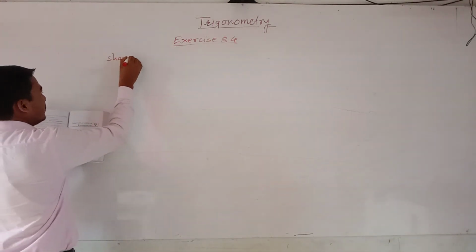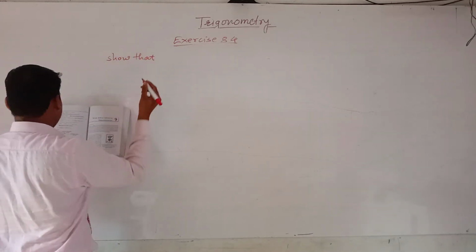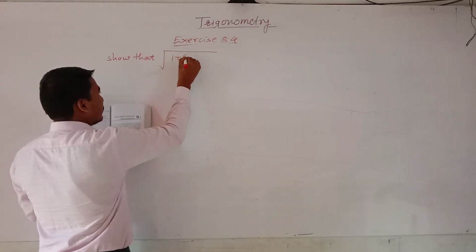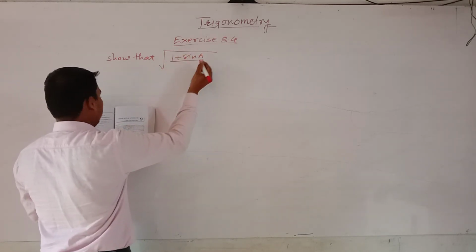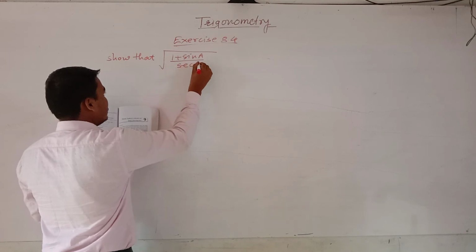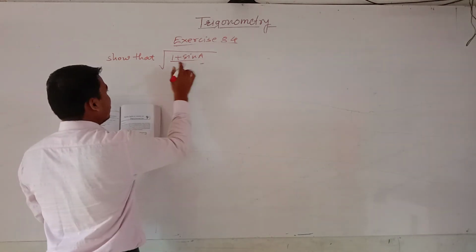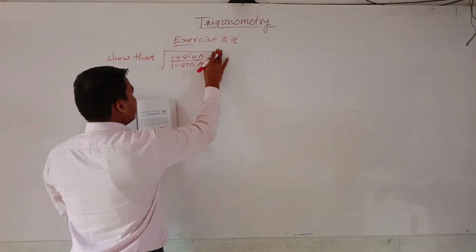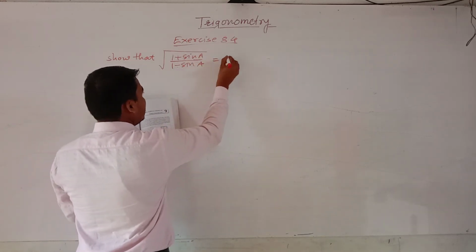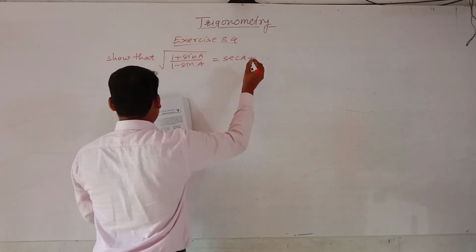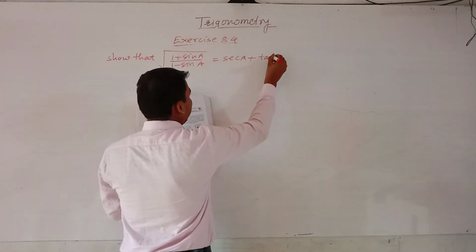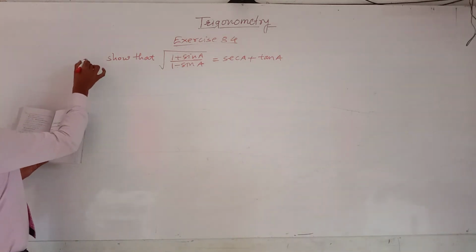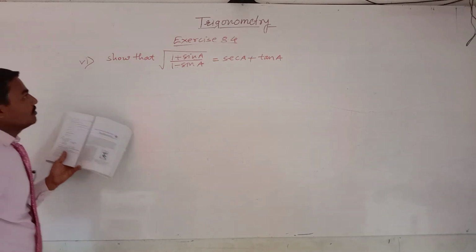Show that square root of 1 plus sin A upon, sorry, 1 minus sin A, which is equal to sec A plus tan A. Question number 6 from your exercise 8.4.